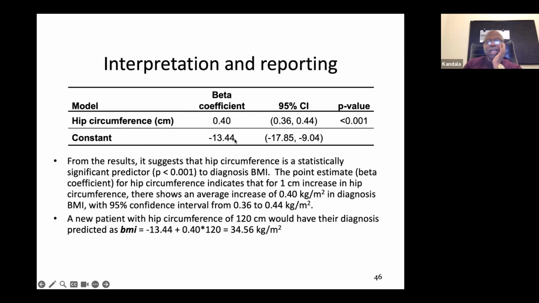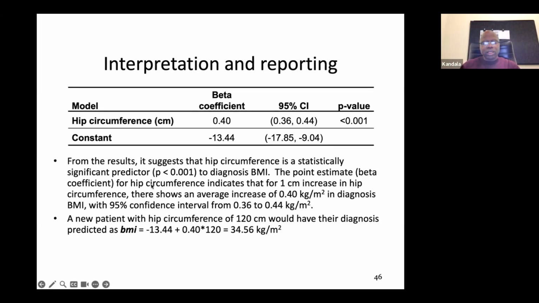And the constant there is minus 13.44, and also covering the confidence interval, which is statistically significant.